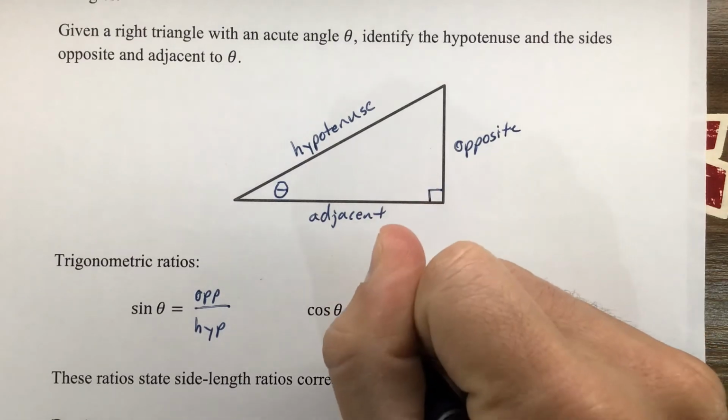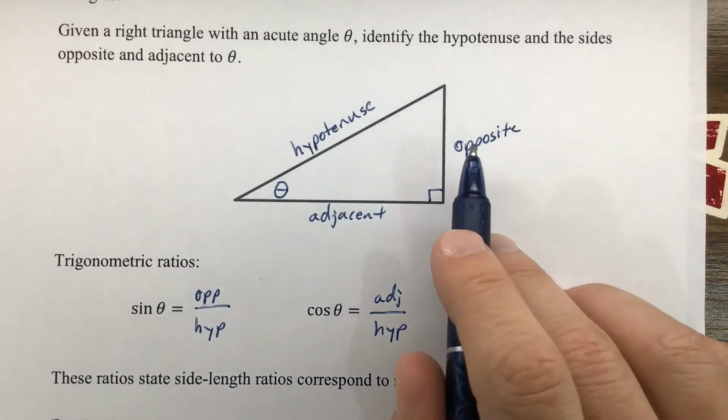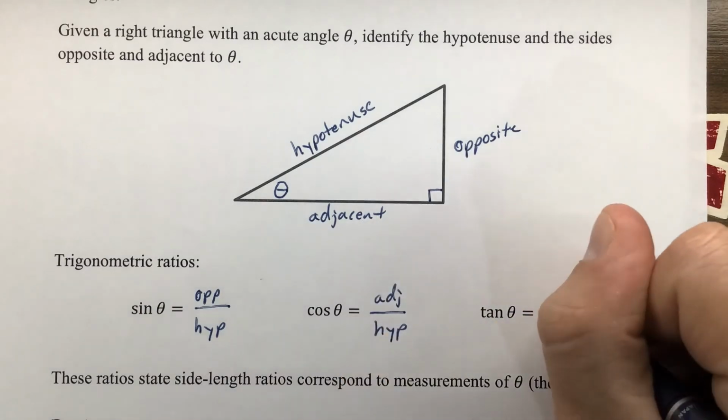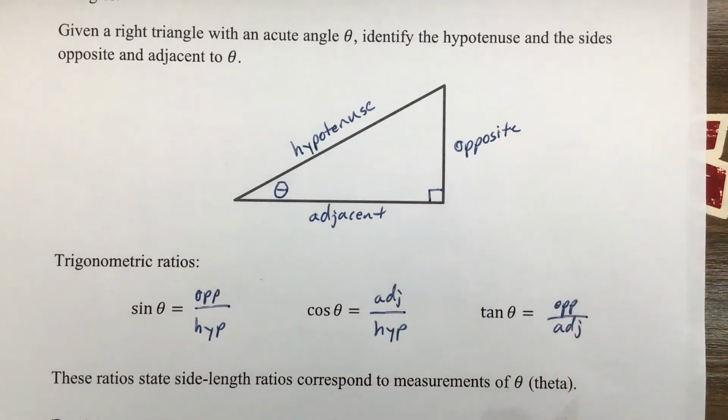That's the adjacent over the hypotenuse. And last, the tangent is going to be a comparison of the opposite to the adjacent. Okay, and that's going to be opposite over adjacent. And these are things that you will want to have memorized. These are also the foundations to what we're doing in trigonometry, so it's important that we have all this organized in our brains.